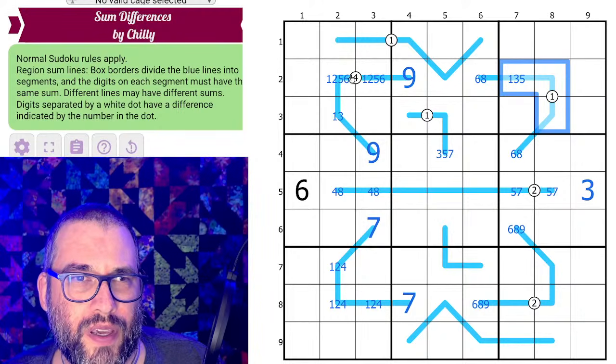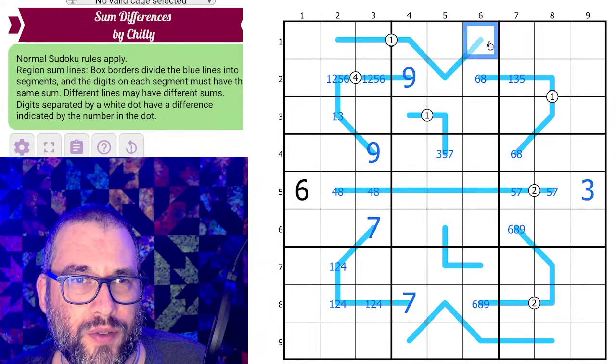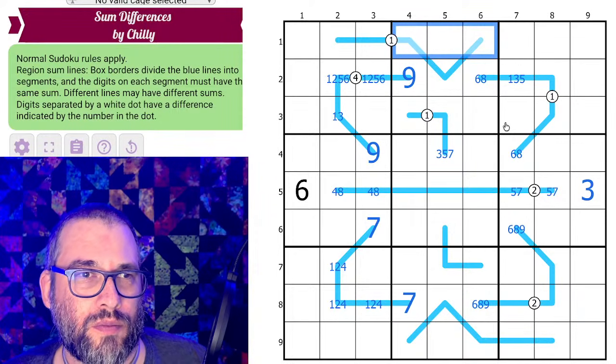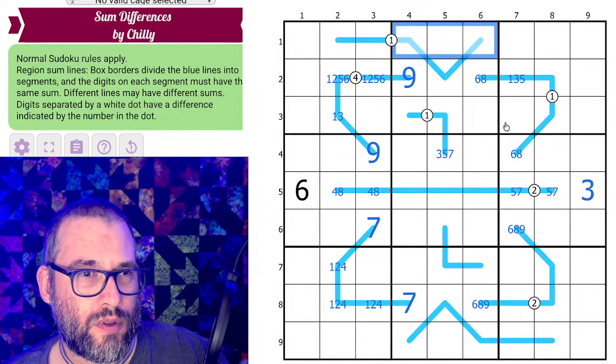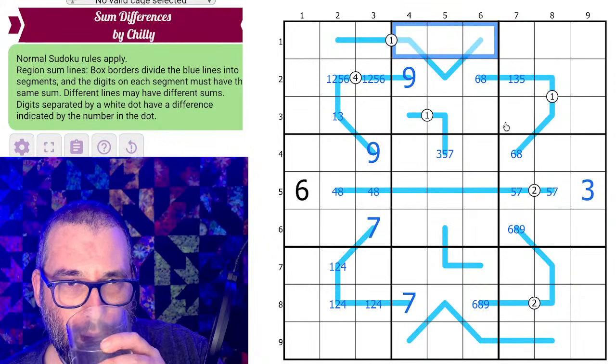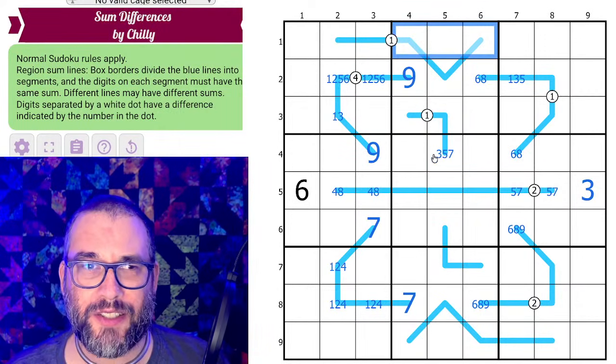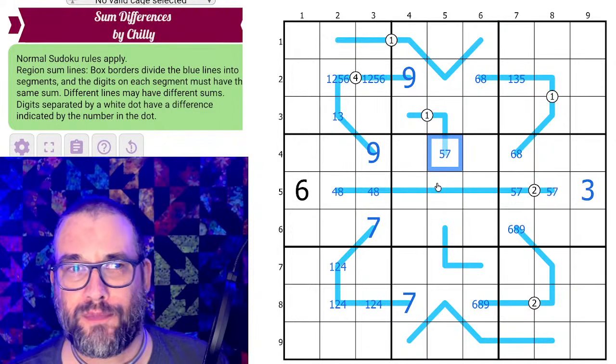Yeah, both of these need a 1 on it. So we do have a 1 up here. Which at least means this isn't 3.